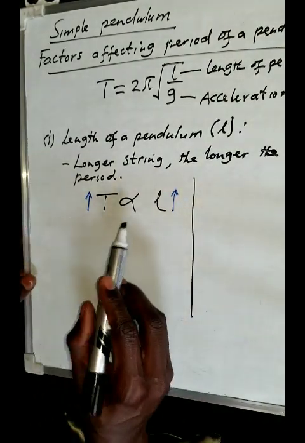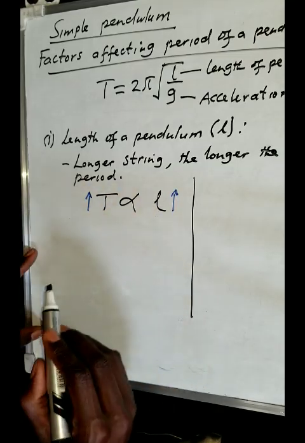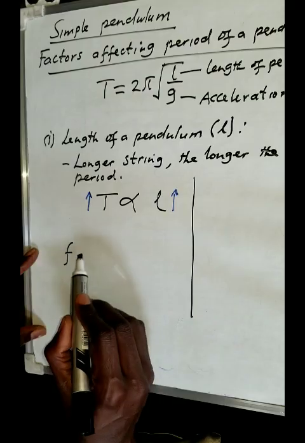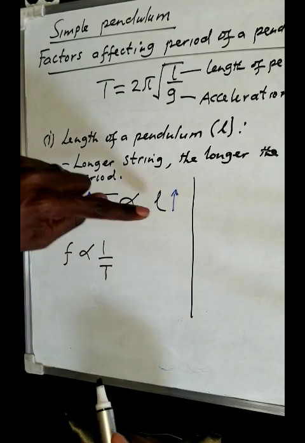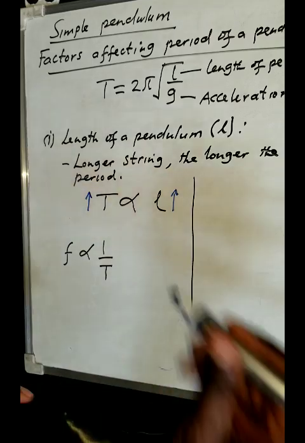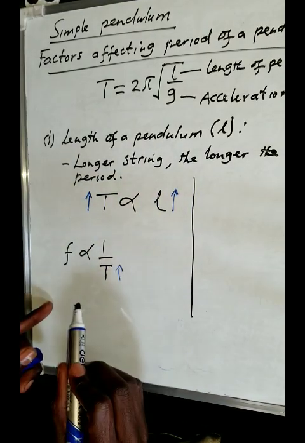Now, how does increasing the length of a pendulum affect the frequency? If you remember, I did say that frequency is inversely proportional to the period. If you increase the length, the period also increases.